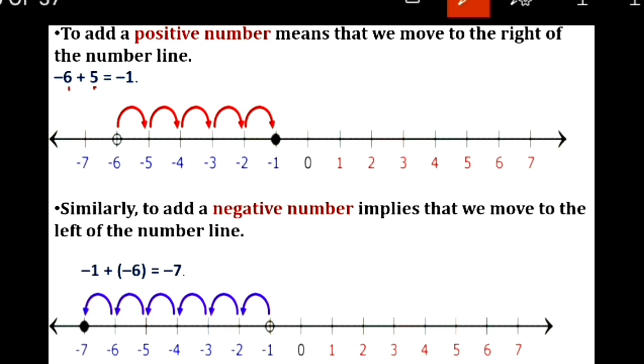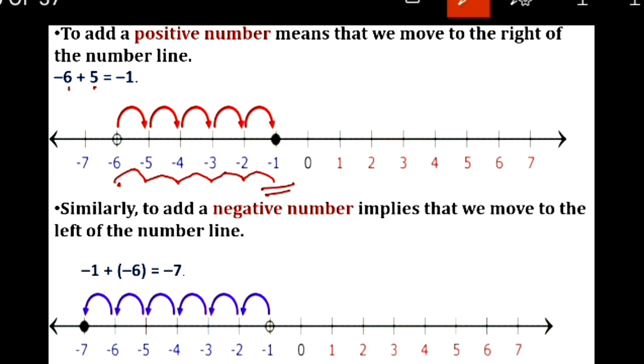First, we will put our pencil on minus 6. Then, it is written plus 5. So, we will move to the right hand side of minus 6 5 times. 1, 2, 3, 4 and 5. And the answer is minus 1.